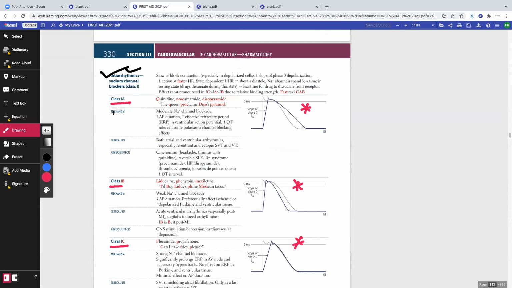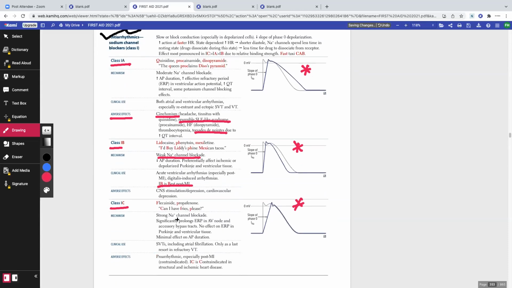Then over here, the names of the drugs are very important. The adverse effects of the drugs are very important, especially cinchonism. And where is SLE? Okay, SLE-like syndrome for procainamide. For class 1B, the best thing is they are used for post-MI. They're weak sodium channel blockers.